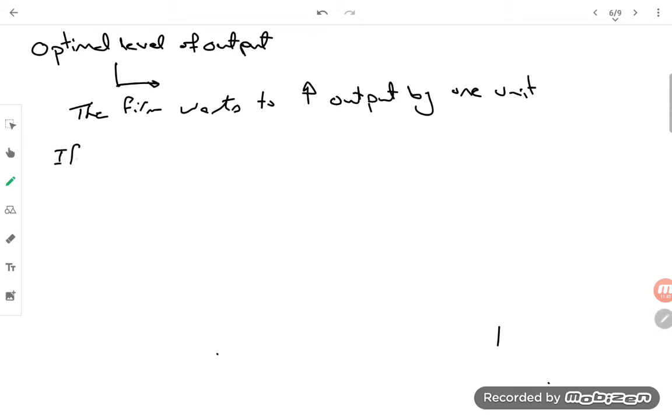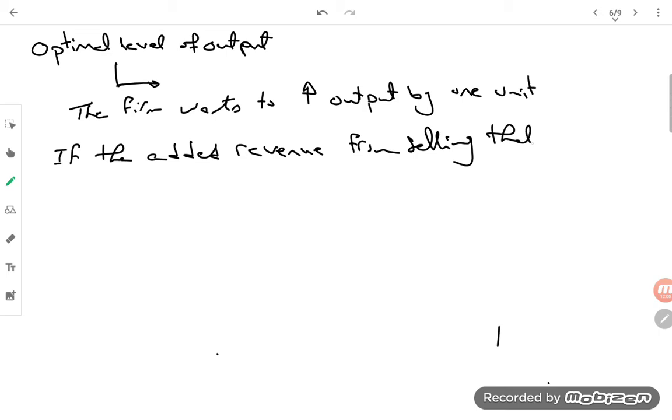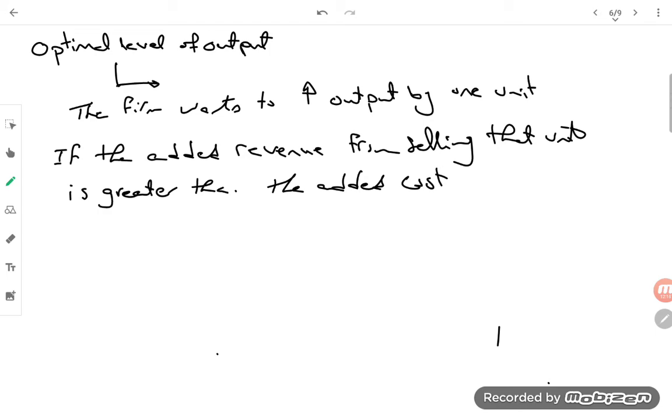So, if the firm wants to increase output, this will happen if the added revenue from selling that unit is greater than the added cost of producing them.